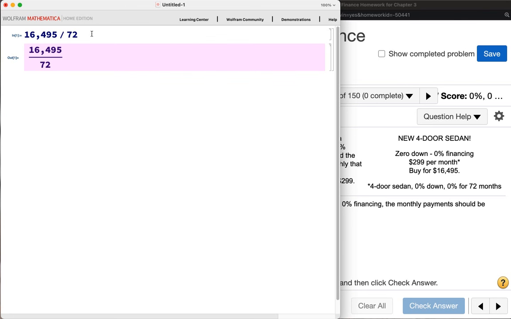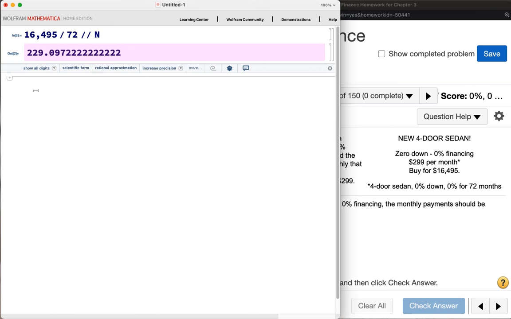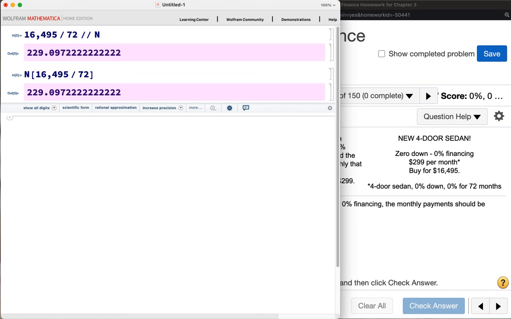To change this into a floating point number, we're going to use the N function. And you can apply the N function different ways. You can also apply it like this, for 16,495 divided by 72.